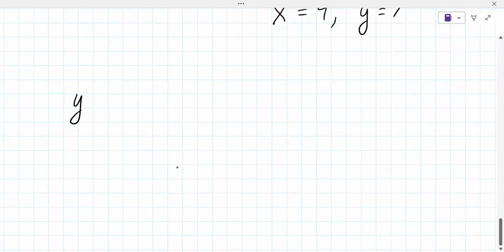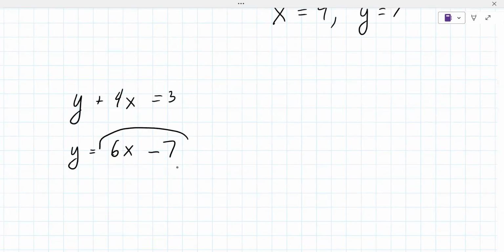Y plus 4x equals 3. Y equals 6x minus 7, right? So you're going to take this 6x minus 7 and substitute it in for y.